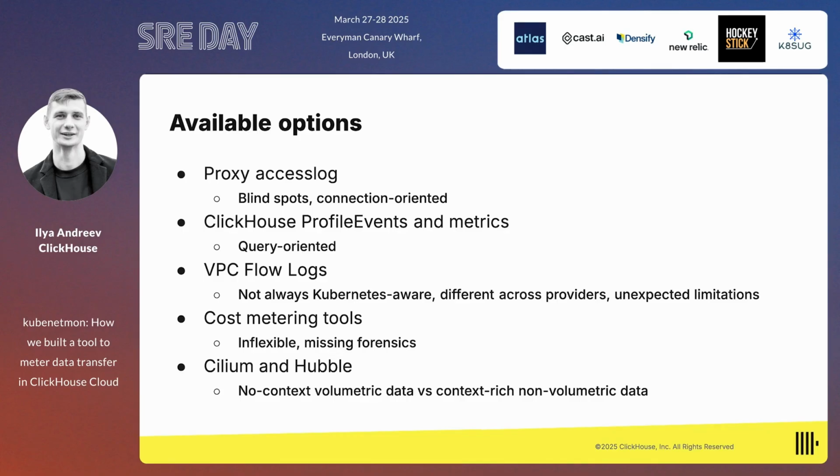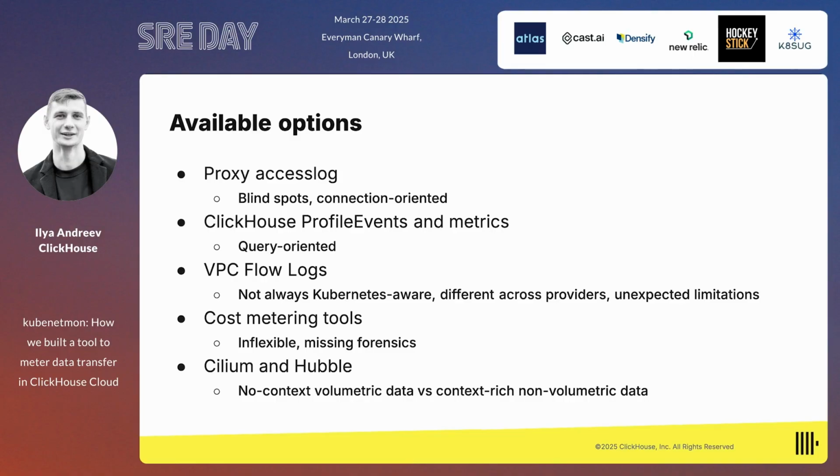And then Cilium and Hubble, perhaps most surprisingly, are not suitable here, even though they obviously have incredible observability. This talk is based on a blog post where I go into a lot of detail, and there are GitHub issues linked on that topic in the blog post. The topic being the fact that Cilium fundamentally made a very complex design trade-off where all of its observability related to connections falls into one of two buckets.